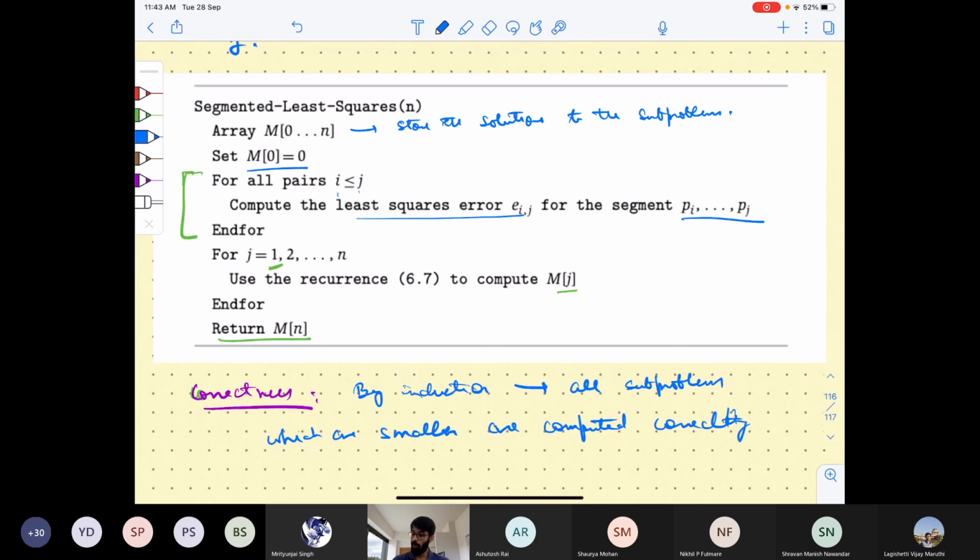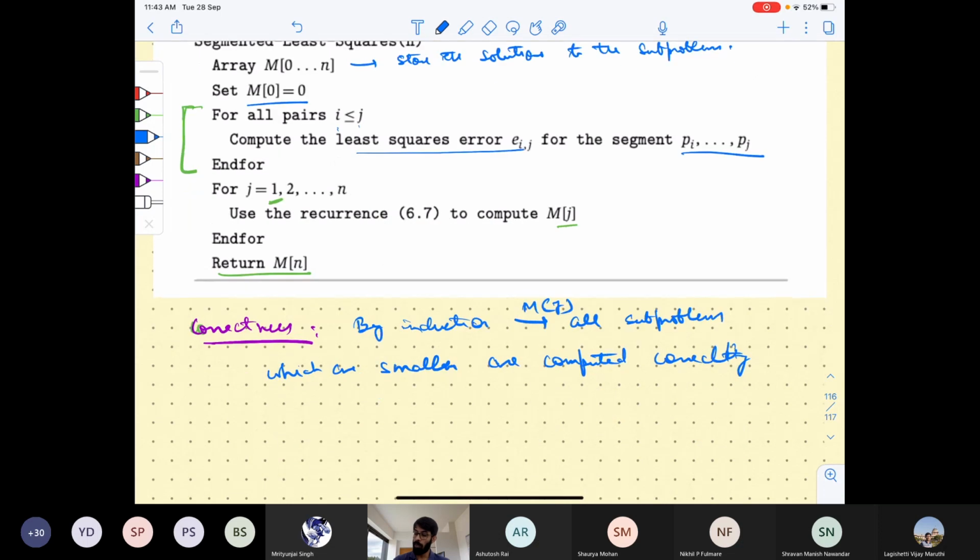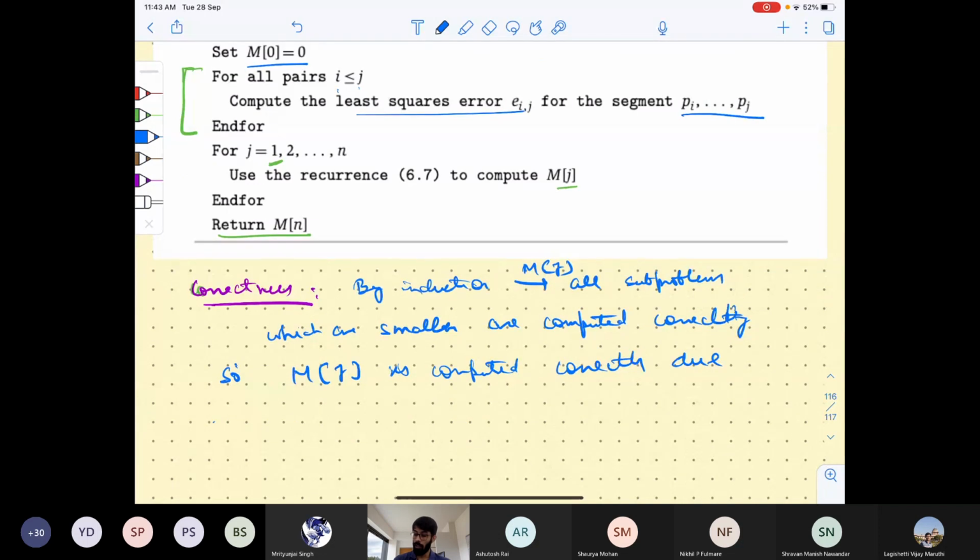So let's say we are doing it for now mj. All the smaller subproblems are computed correctly by the induction hypothesis, and so mj is computed correctly due to the recurrence.